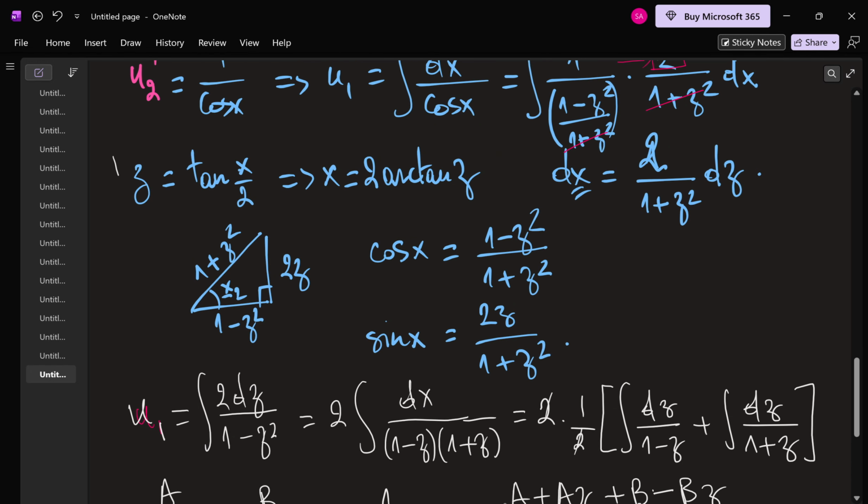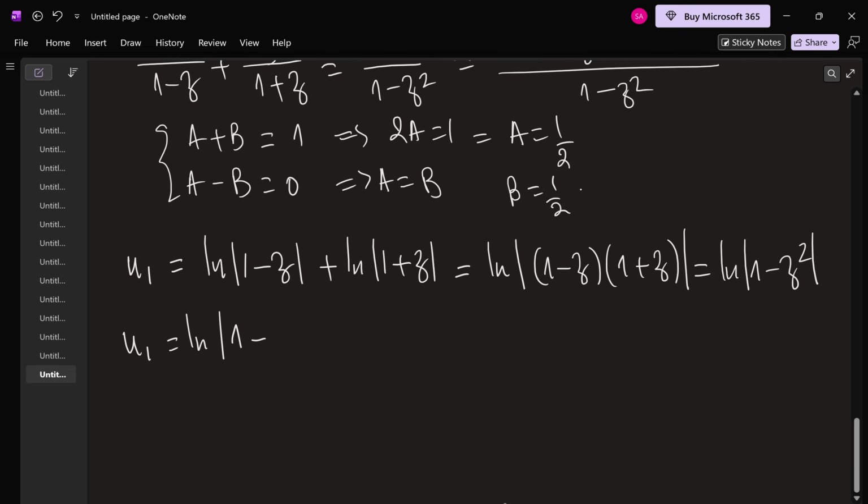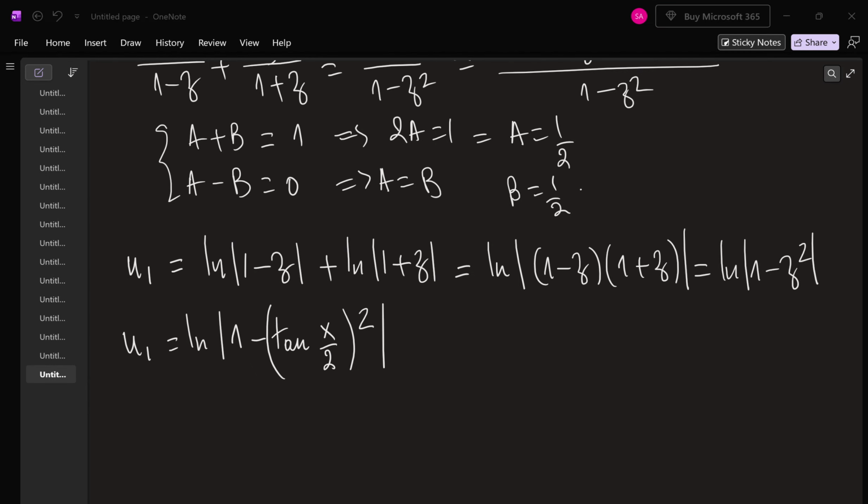Z is this guy here. Okay, it is tangent of x over 2 all squared. Okay, so this is the x. So you could simplify further.